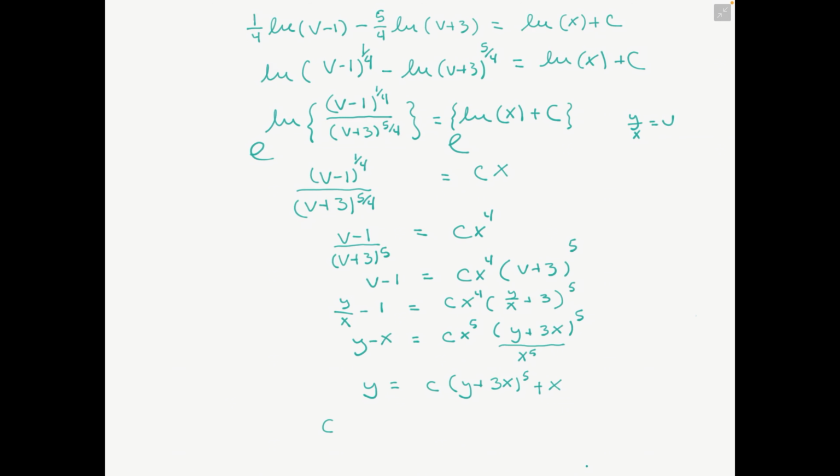We could call it c times y minus x equals y plus 3x to the 5th. And that's the way the book left the answer, so we'll just leave it like that.